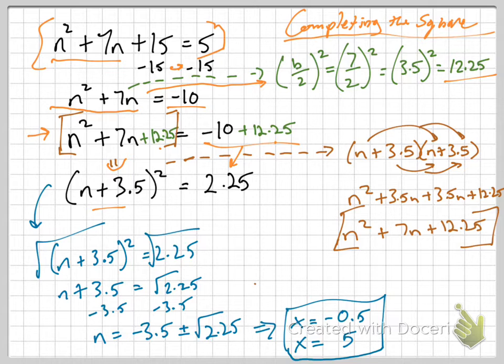And we've also shown you how a perfect square trinomial like this collapses into a perfect square, because here's what it looks like. If we have n plus 3.5 times n plus 3.5, which is what that square represents, then we have n squared. We have our b split in half between 3.5 and 3.5, right?